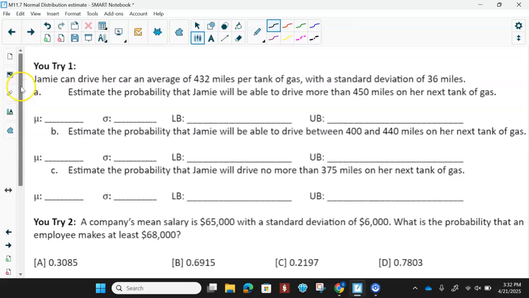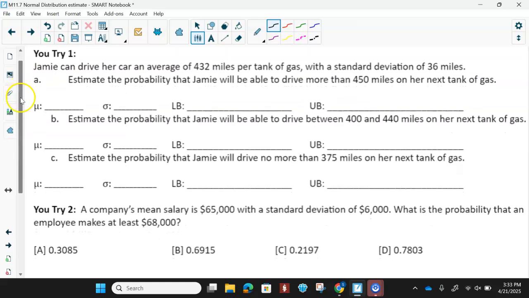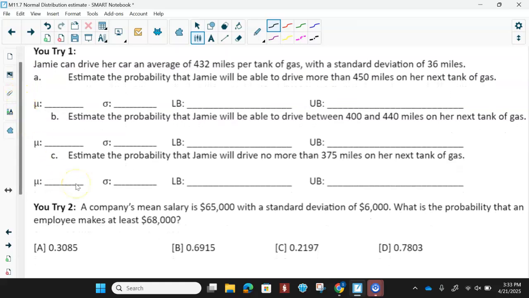So here, pause the video and try these U-Try questions here on your own. And here we go. So for this first one here, the average, or the mean, was 432 with standard deviation of 36. So because we're looking for the probability of more than 450, that means 450 is the lowest. We want more than that.